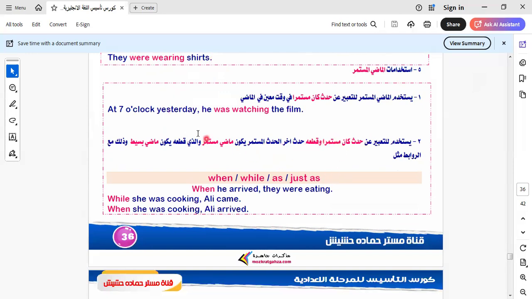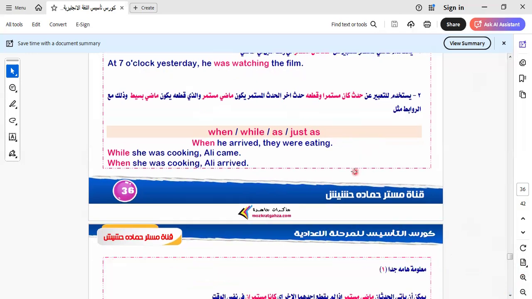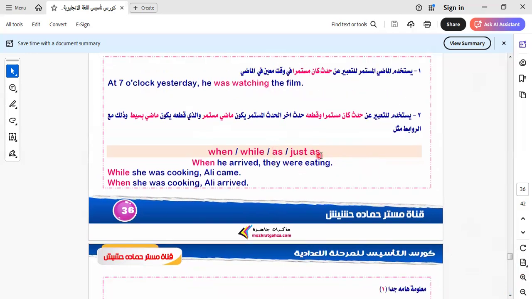At 7 o'clock yesterday, he was watching the film. Here we have a specific time, and in this case we use the past continuous tense. The keywords that refer to the past continuous tense are when, while, and just.